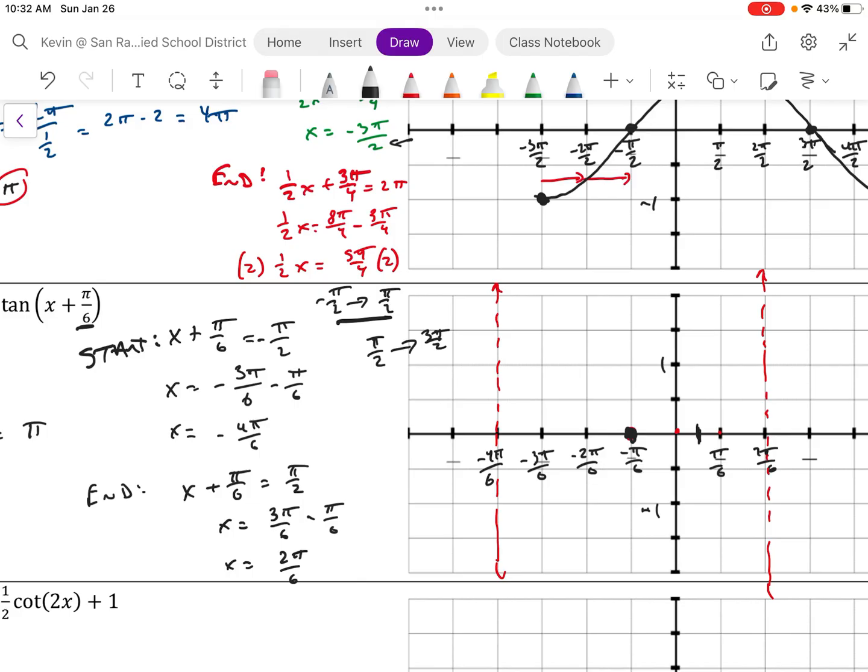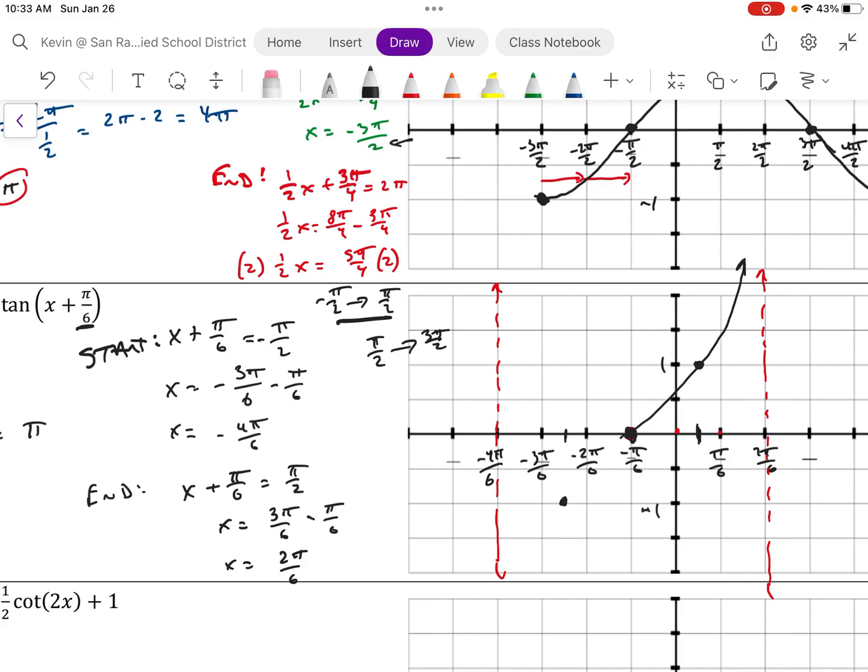So halfway in between is going to be right here, which is pi over 12, right? So we can come up here and go pi over 12. And then I'm going to do the same thing over here, halfway between here and here, which is pi over 12, 2 pi over 12, 3 pi over 12, and I'm going to come down here. I think this is fine.